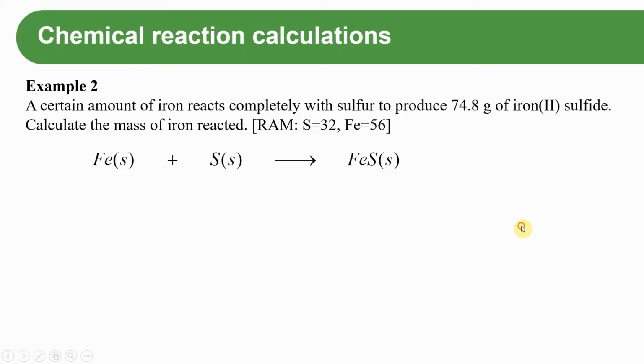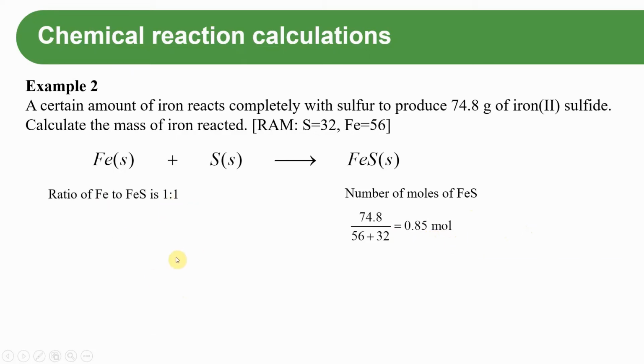So to find the mole of iron sulfide, we divide by molar mass, which gives 0.85 mole. Comparing the ratio 1 to 1, we can say the mole for iron is also 0.85. And to find mass, we just multiply by the molar mass, which is 56, and the answer is 47.6.